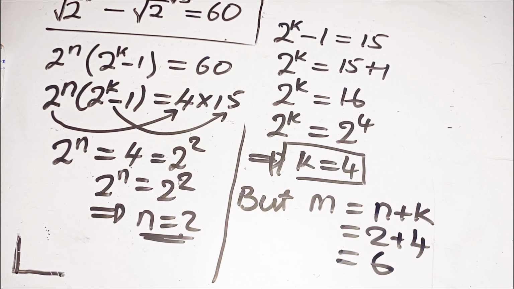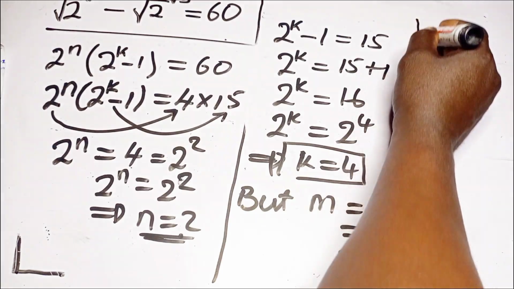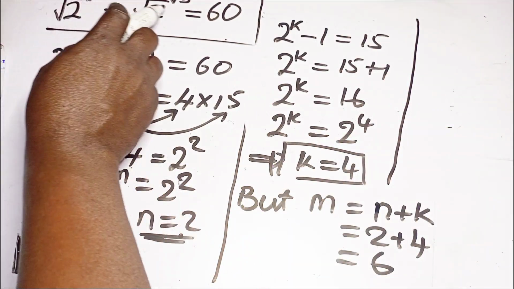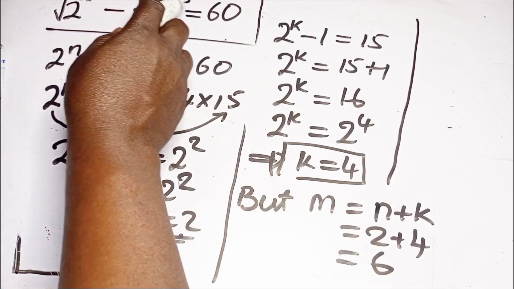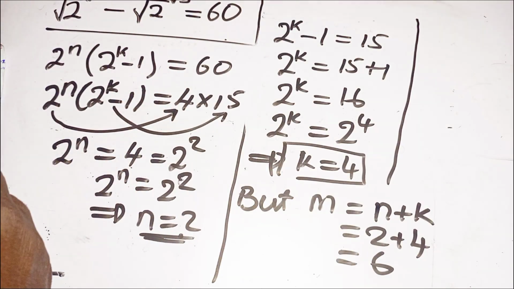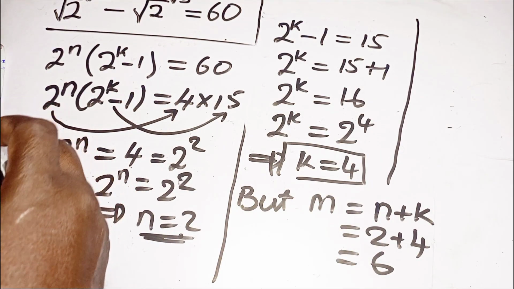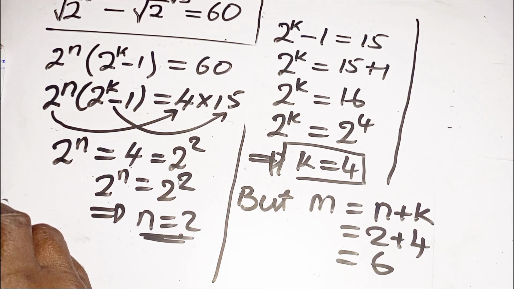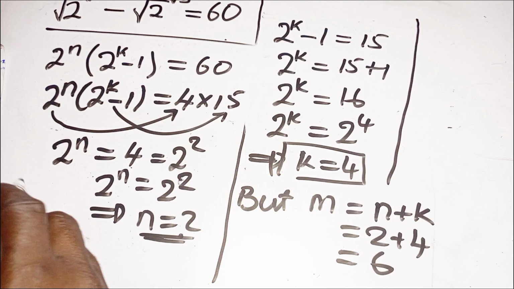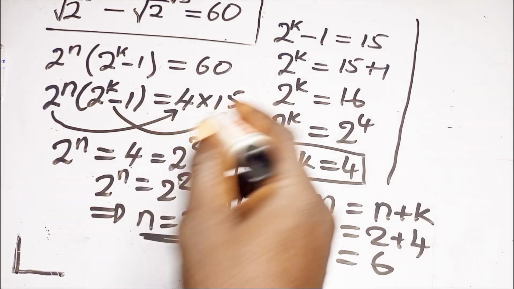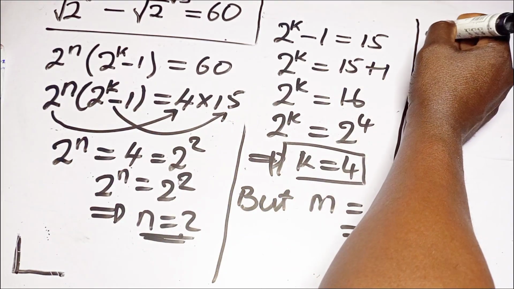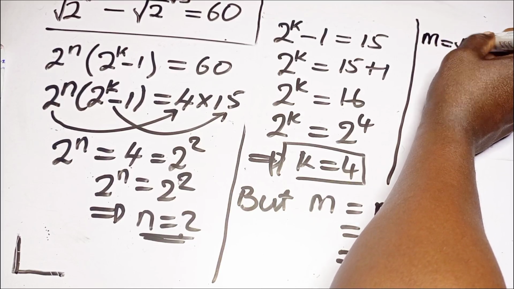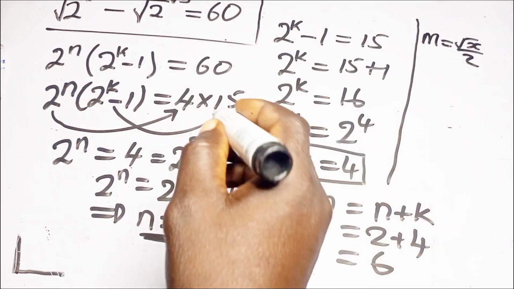Now, we also remember our question was not given in terms of m and n. It was given in terms of x and y, and we're asked to find the value of x and y. So what is the relation between m, n, x, and y? We had it earlier, that m is equal to root x all over 2.